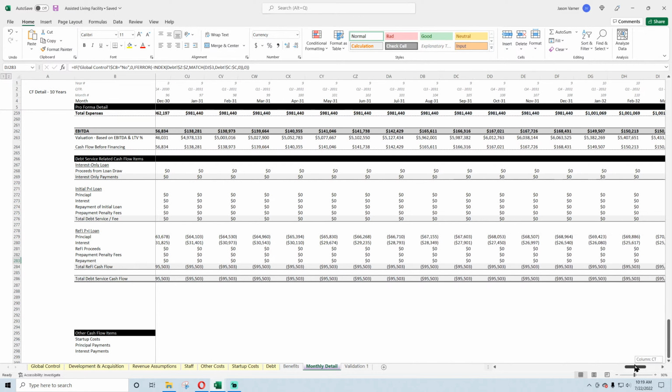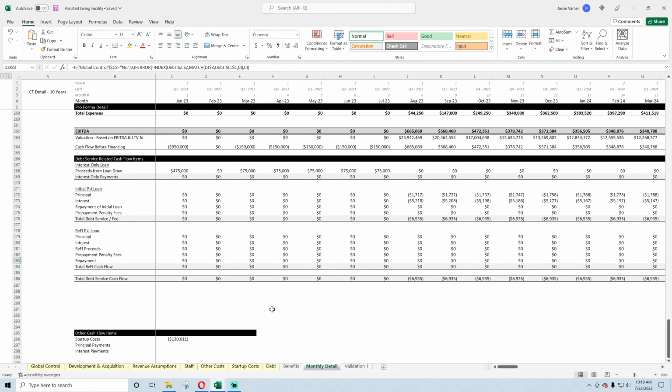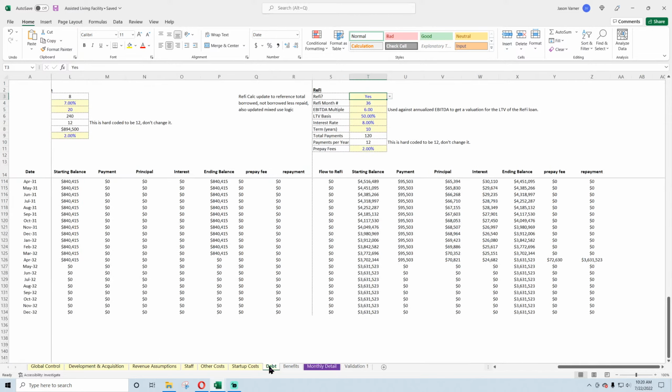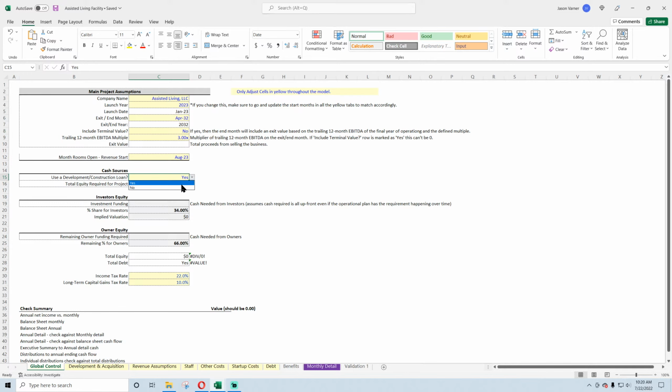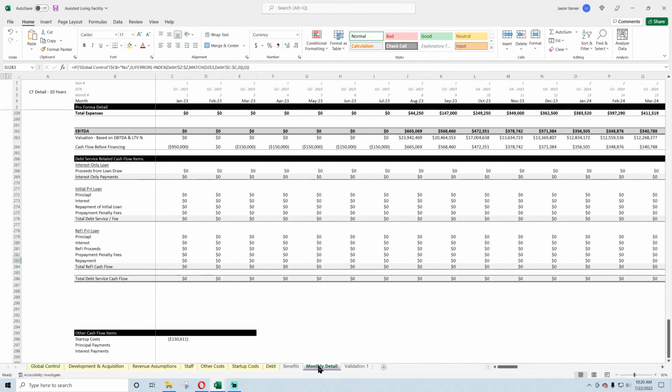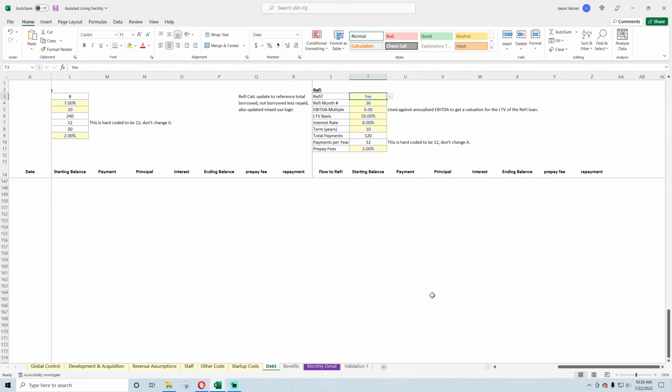All right. Looking good. So we have all of these different financing items in place. Let's make sure if we were to hit no here, nothing happens. So no financing. Looks good.